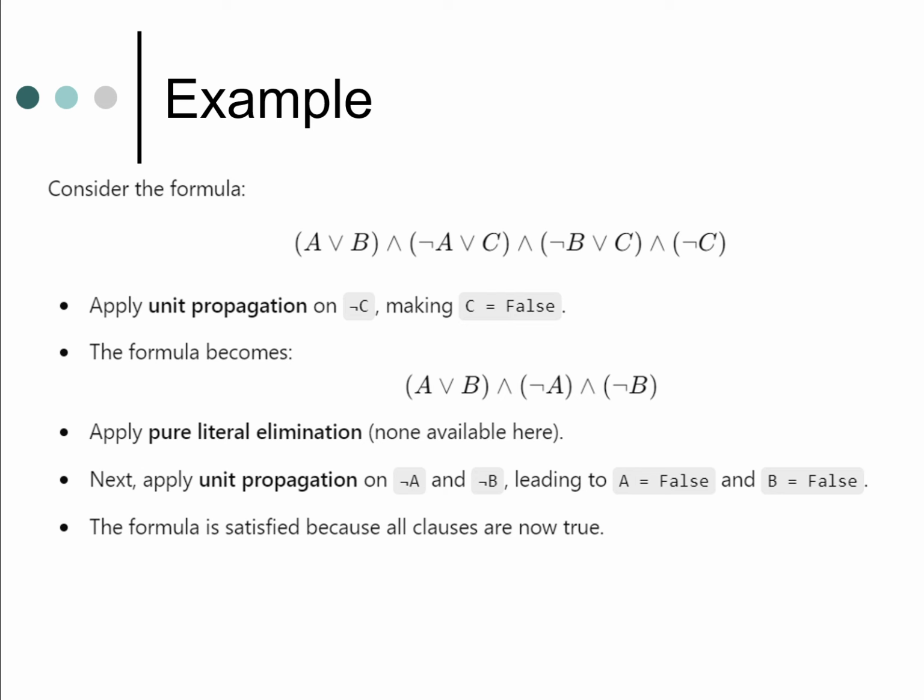Next, we apply unit propagation for both not A and not B. We assign A equal to false. Not of false becomes true, so not A became true and not B became true. Now (A or B) and not A and not B, all these clauses are now true, so the formula is satisfied.